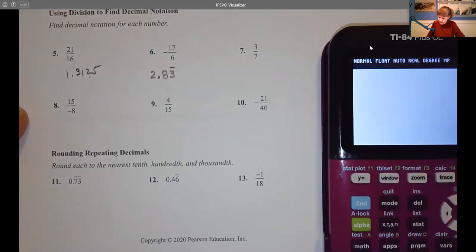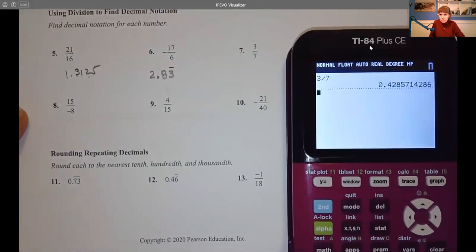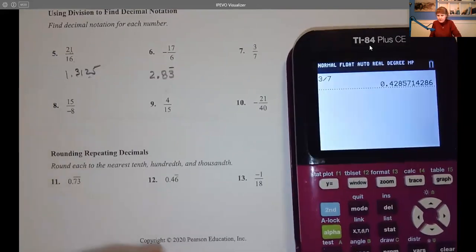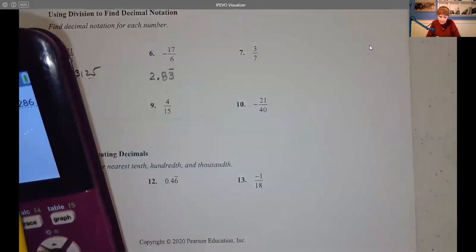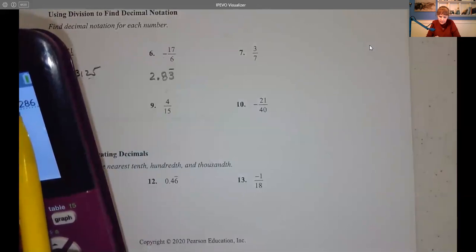So again, we'll take 3 divided by 7. Oh, wow. No, it's not repeating. So you would just have to write all of that. All right, well, hopefully they'll tell you to round it. I don't think it's repeating. 428571, 4285.